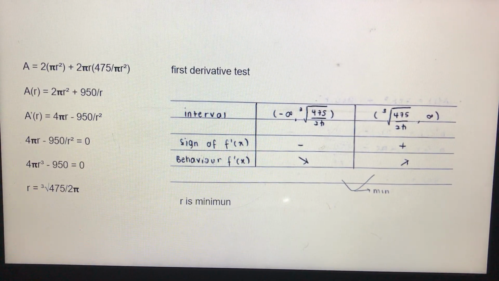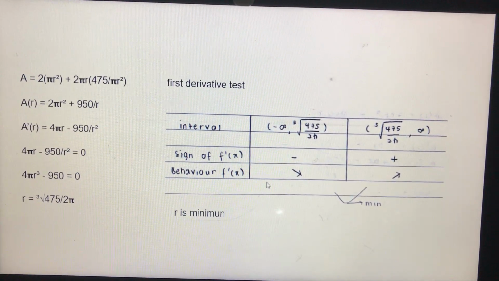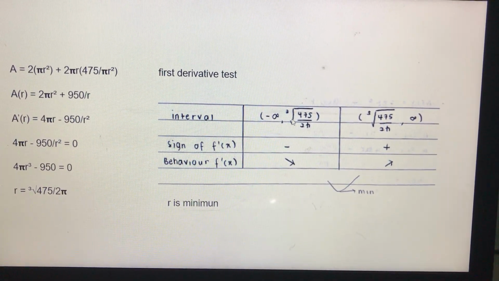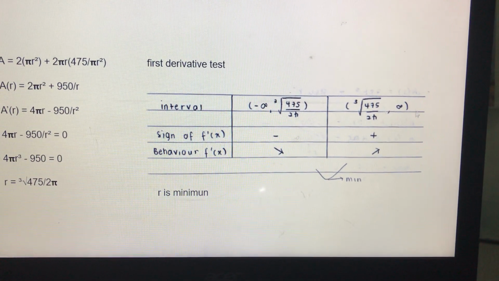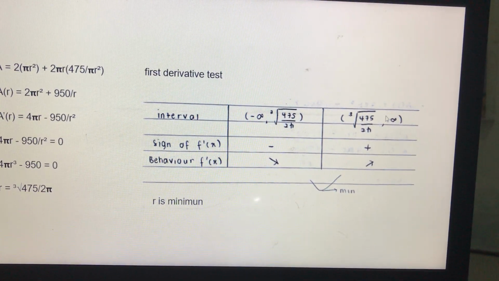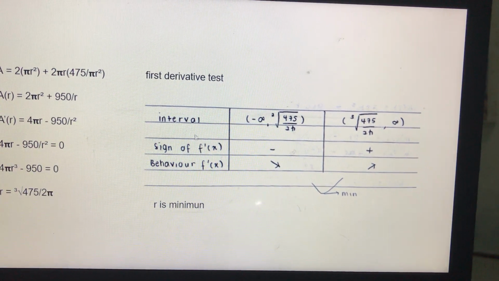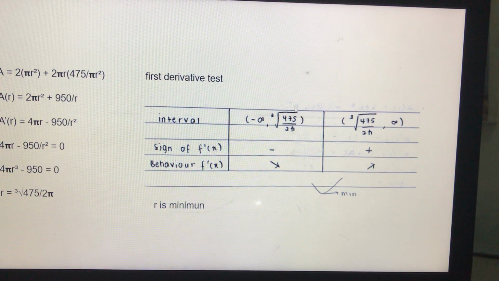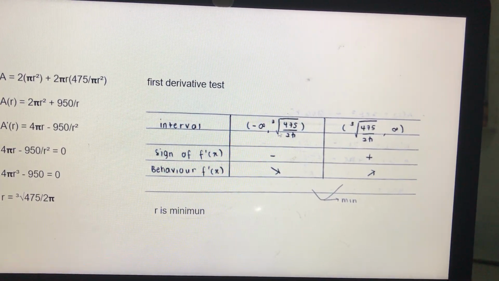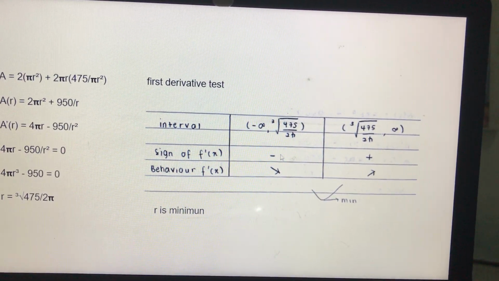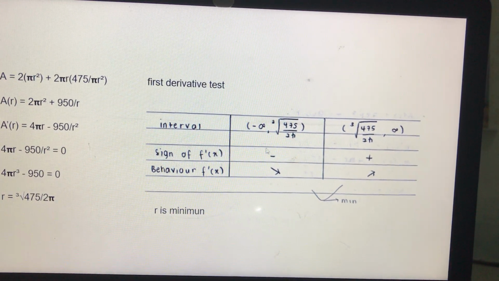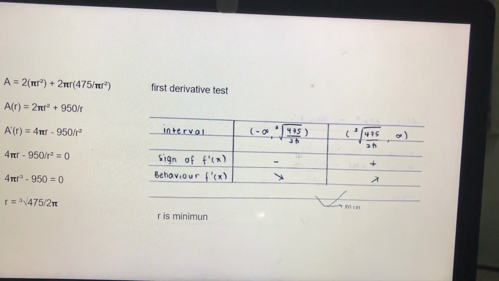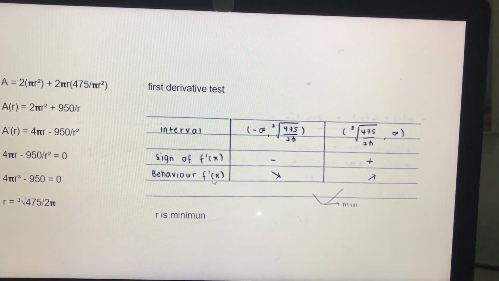So we make this kind of table. The first row is the intervals from minus infinity to this critical point, and then until positive infinity. The second row is the sign of the derivative. If we substitute a value on the negative side, we get the sign of the derivative is negative, and on the positive side it is positive.